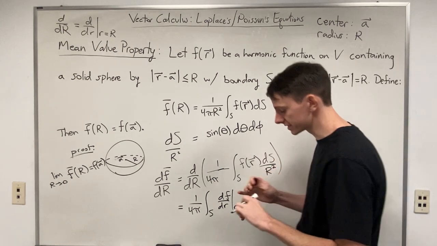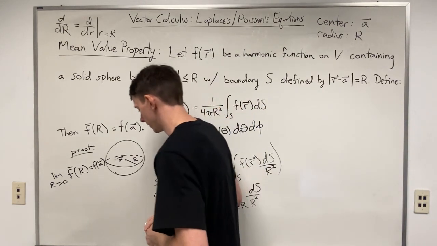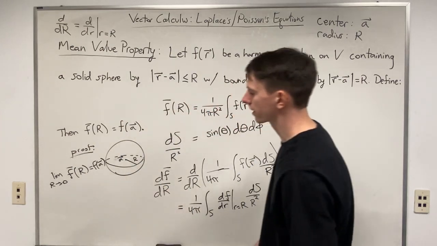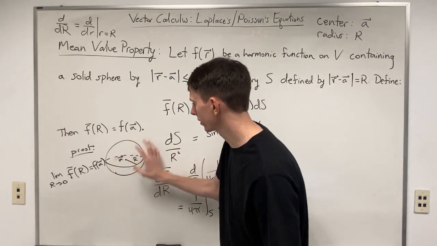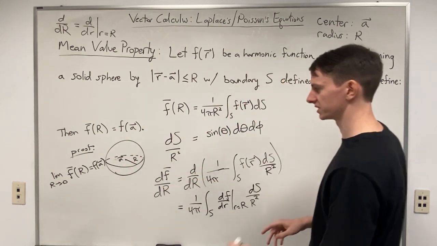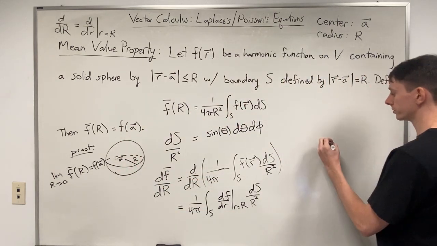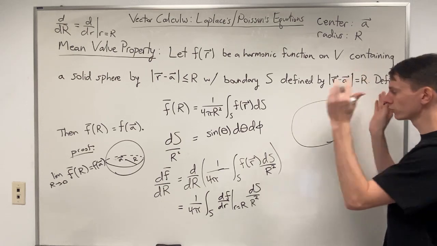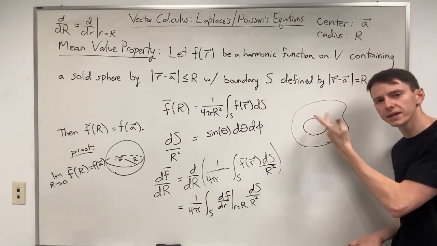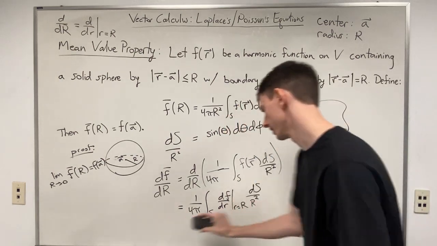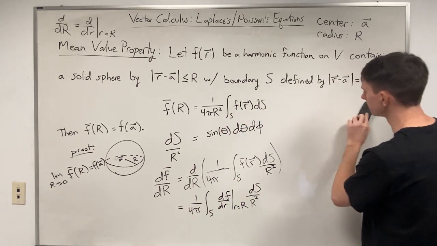Okay. Now the next thing, and this is where the fact comes in that we are working with a spherical geometry specifically. Because if you remember in the setup, we had some generalized volume that just contained a sphere. So the question is, well, why a sphere specifically, right? And it's at this point where we're going to make use of that.